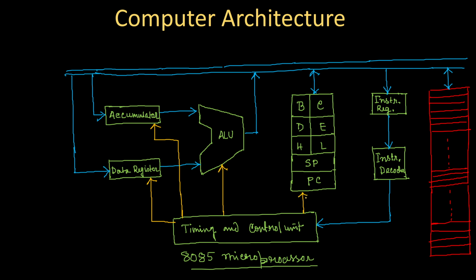I mean, I'm drawing this arrow, but actually it is connected with each and every register individually. Just assume that this one line is representing all the connections. In a similar way, the control signal is controlling the RAM also, and obviously the other parts also, something like this, right?